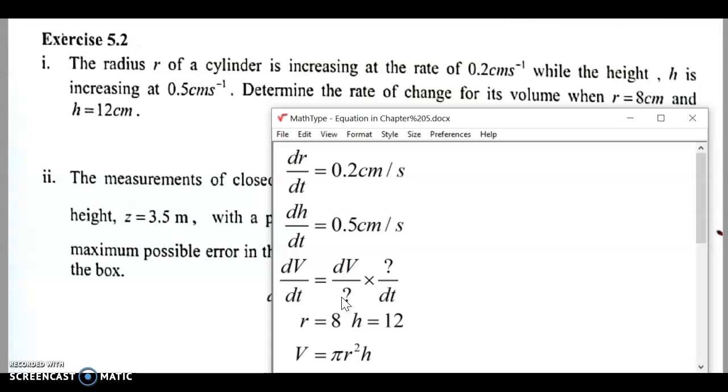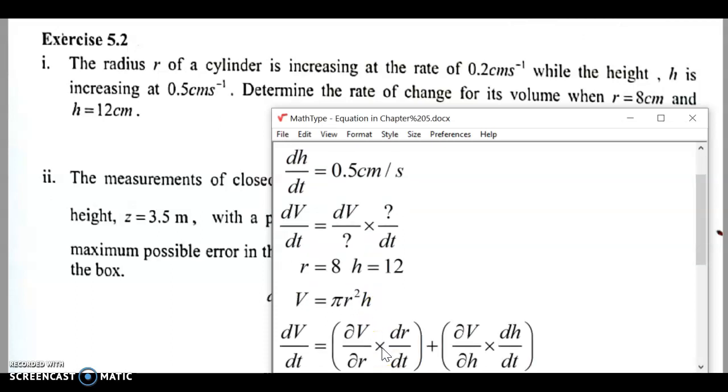For this case, we are talking about a formula of a function that contains more than one variable. We have r and h in one function here. So of course, to find the rate of change that also involves two variables, we'll need to expand this idea, right? So we need to add not just one component of dV/dt, we need to add two components. One will be with respect to the radius and the other will be with respect to the height. So we have this.